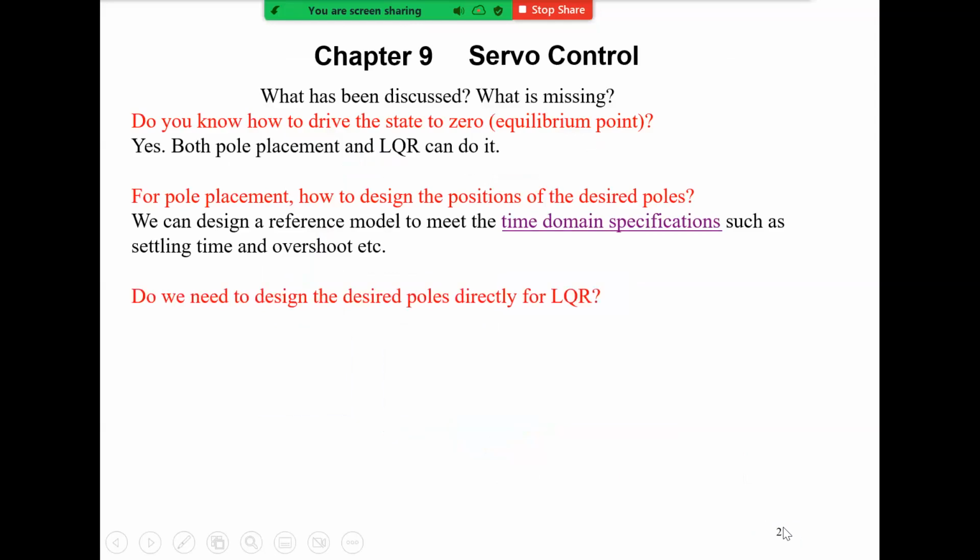If we use LQR, do we need to design the desired poles directly? Some of you have probably started working on the assignment, the mini project. Instead of the desired poles, you have to design the weighting matrices, Q and R. It involves a certain amount of trial and error to find the best answer.